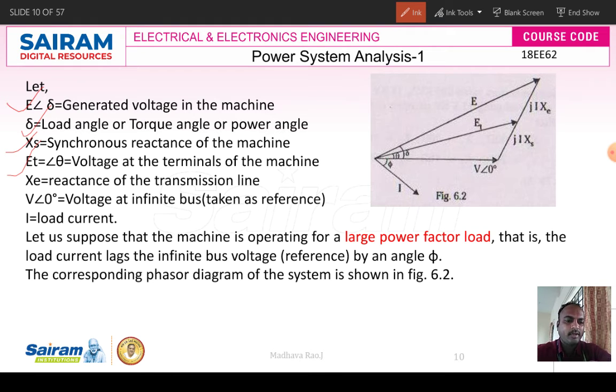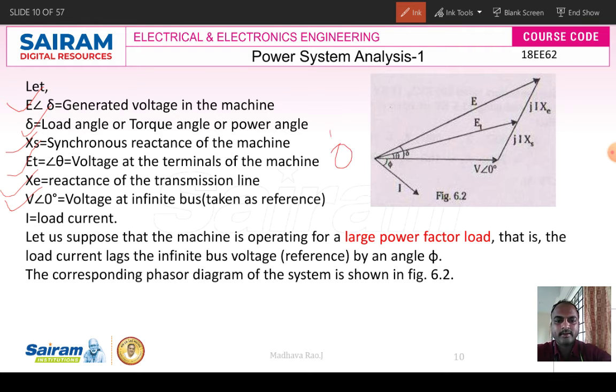Et is the voltage at the terminals of the machine, Xe is the reactance of the transmission line, and V at an angle 0 is the voltage at the infinite bus, and I is the load current. Let us suppose that the machine is operating at a lagging power factor load.